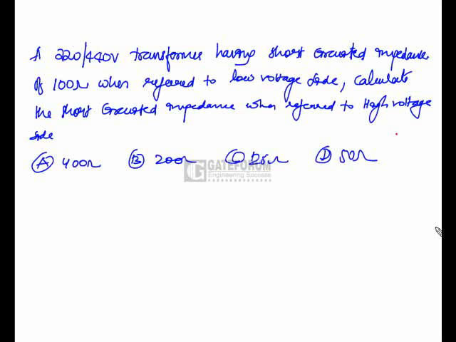A 220 volts by 440 volts transformer having short circuit impedance of 100 ohms when referred to low voltage side. He has given Z short circuit for low voltage side as 100 ohms. Now calculate the short circuit impedance when referred to high voltage side.